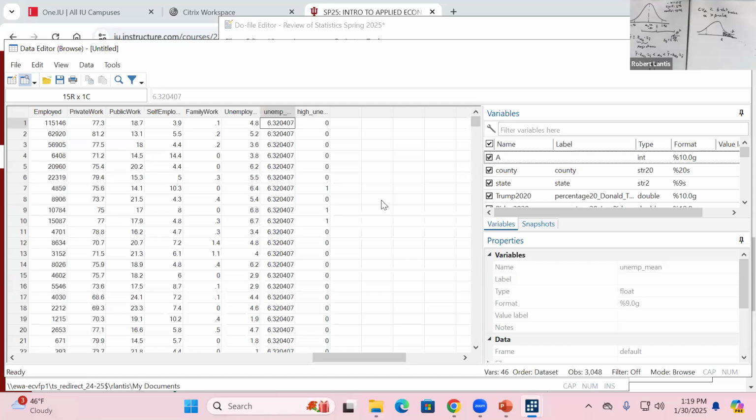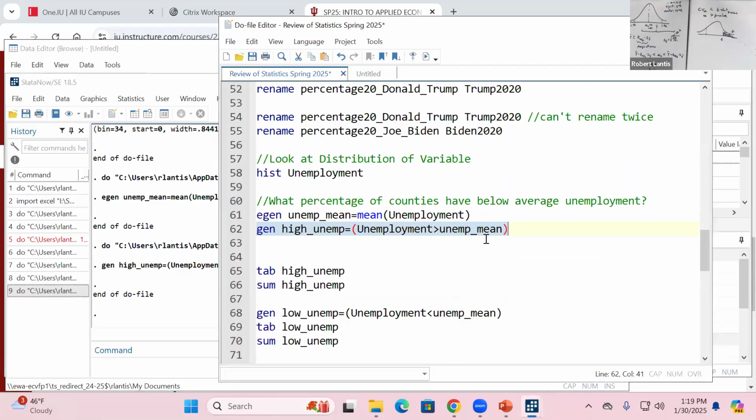What's the difference between egen and gen? Notice there's a blue word here. That's a built-in function behind the scenes. It's telling Stata to calculate a mean. There's an actual process that's coded in behind the scenes. When I just want to create a variable using a conditional statement, I don't have to use egen.